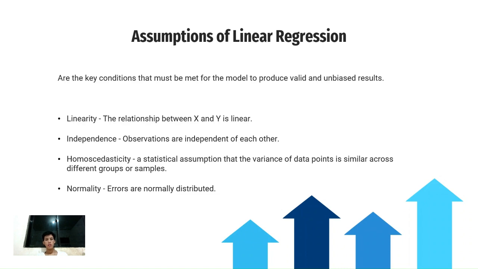People use it to see if the variance of the data points differs across the data. If it does not hold, then the result is not valid and is biased. Then normality, which means the errors are normally distributed.